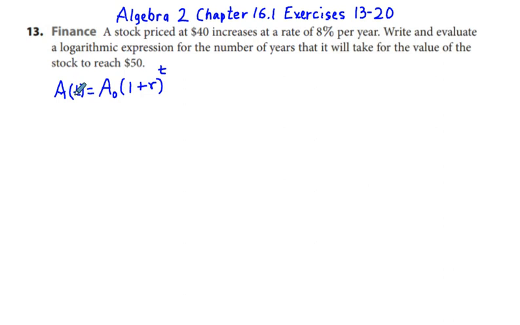And what these different things are, this whole 1 plus r is called the base of an exponential function. This A sub 0 is the starting amount. This A sub t is the final amount.